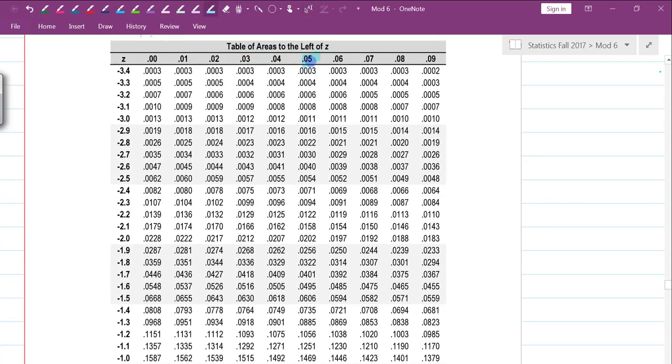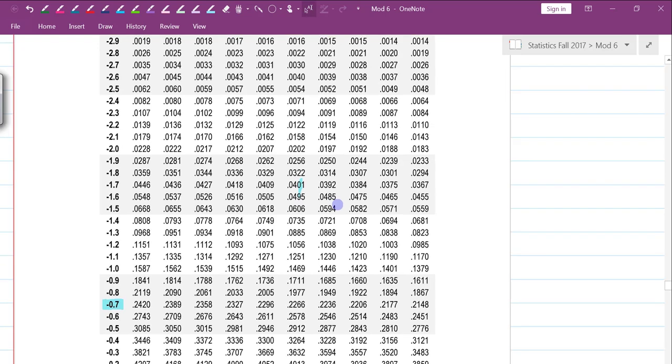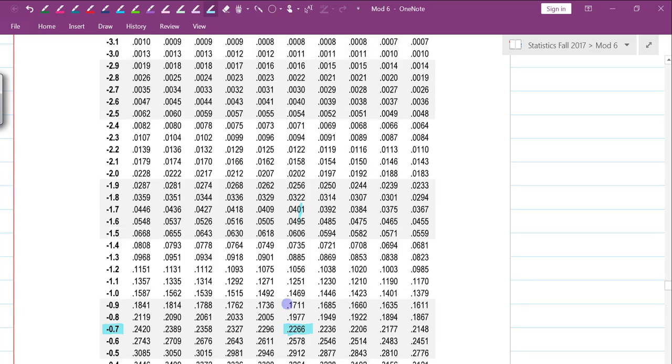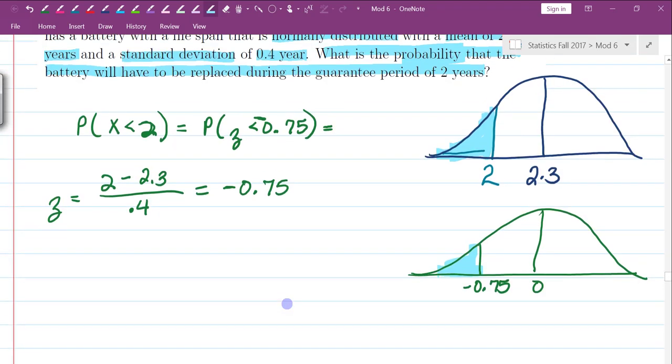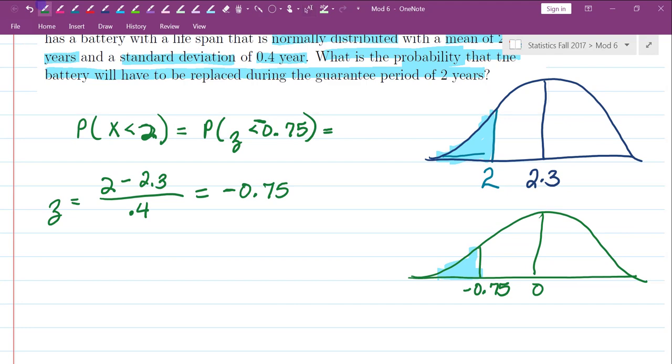We come down through here and look at the intersection, and it's right there, 0.2266. So this is equal to 0.2266, and I like to put that in so we know what all of our numbers are and how everything is labeled.